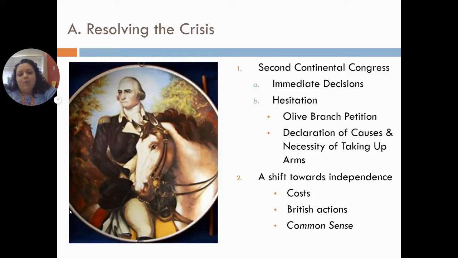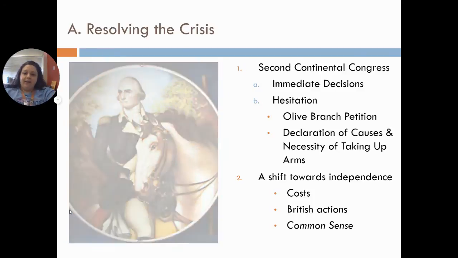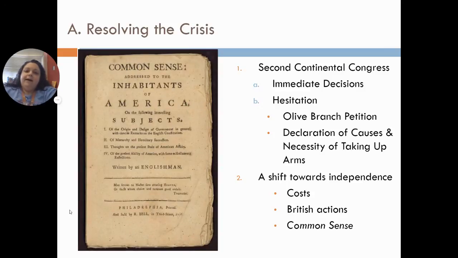But without a doubt, what caused the biggest shift towards independence was Common Sense. Common Sense was a pamphlet written by Thomas Paine. And this was the biggest shift towards independence. Thomas Paine basically argued in this pamphlet that the British have left the colonists with no other option, that independence is inevitable.